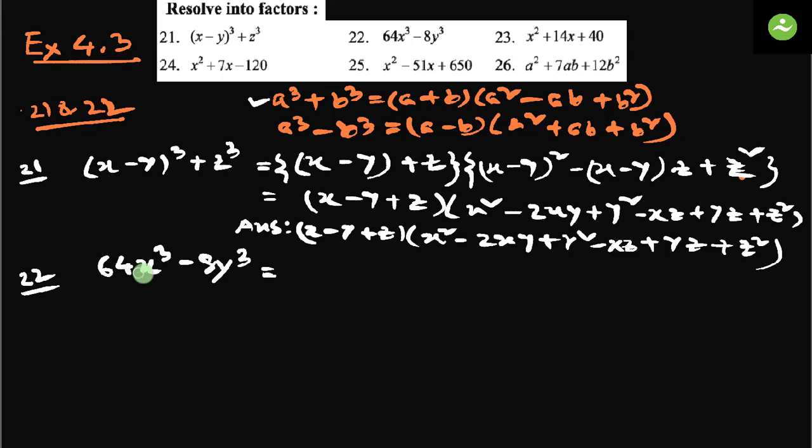For example, here 64 and 8, we can take 8 common and this will be 8 into 8x cube minus y cube.